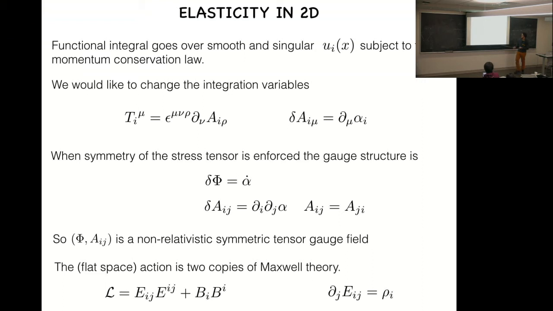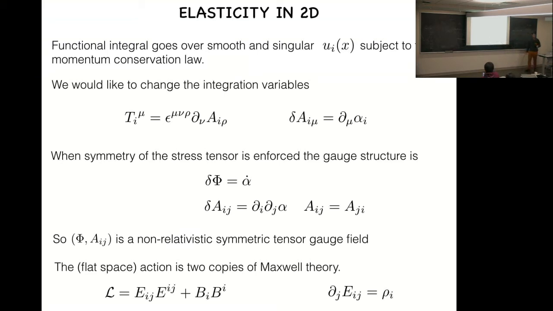So after the symmetry of the stress tensor is imposed, we can write the Lagrangian for elasticity in terms of these dual variables, vector potentials. What you have to write is Maxwell, made of electric and magnetic fields, which are gauge invariant combinations of this Aij.